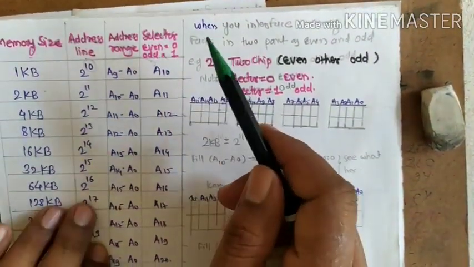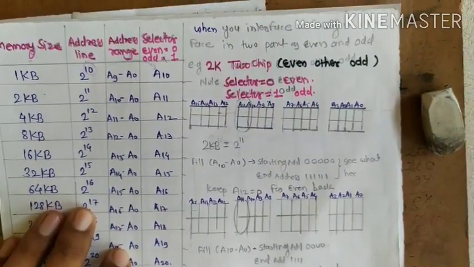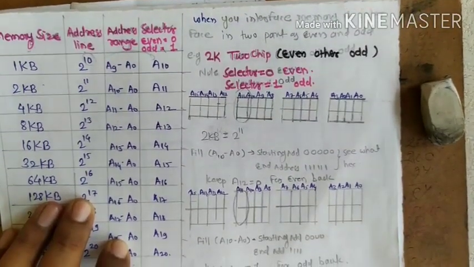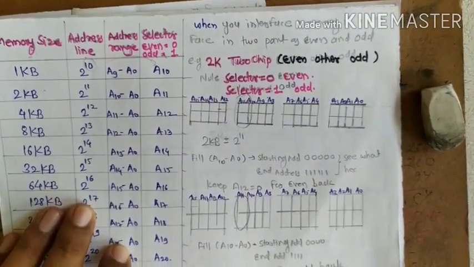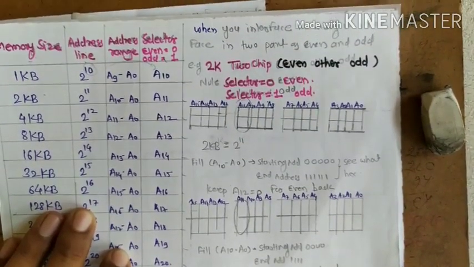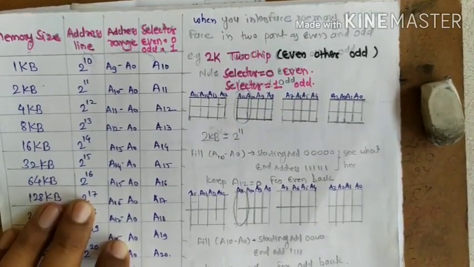Then the last one is the selector. Selector means, when we interface memory with 8051, we make a partition of that memory. If we interface 2 kilobyte memory with 8051, we interface 2 memories of 2 KB.